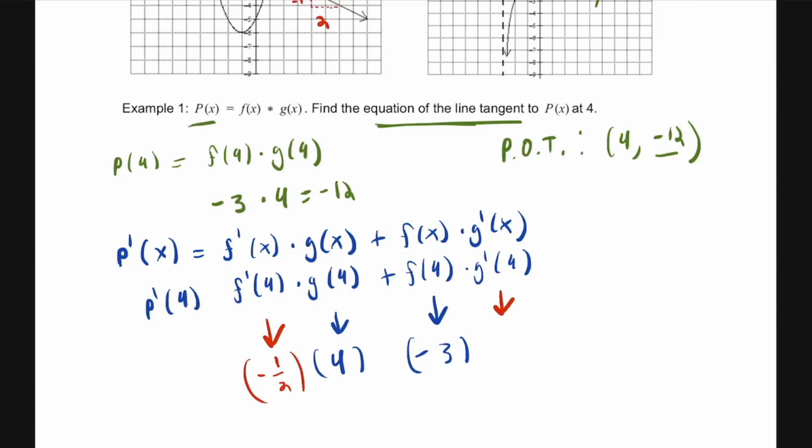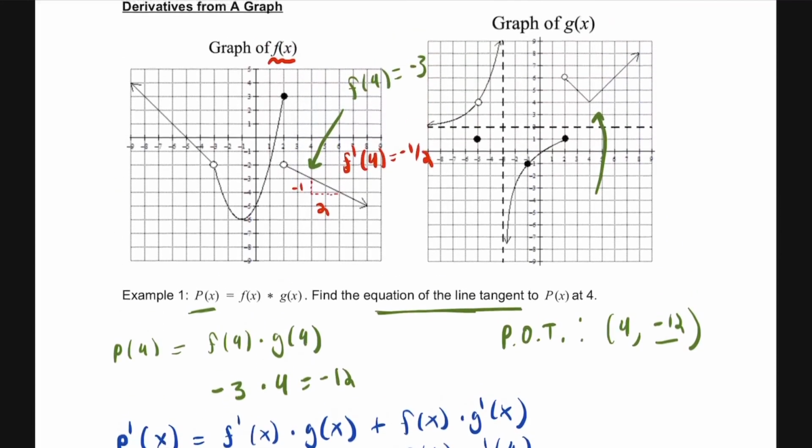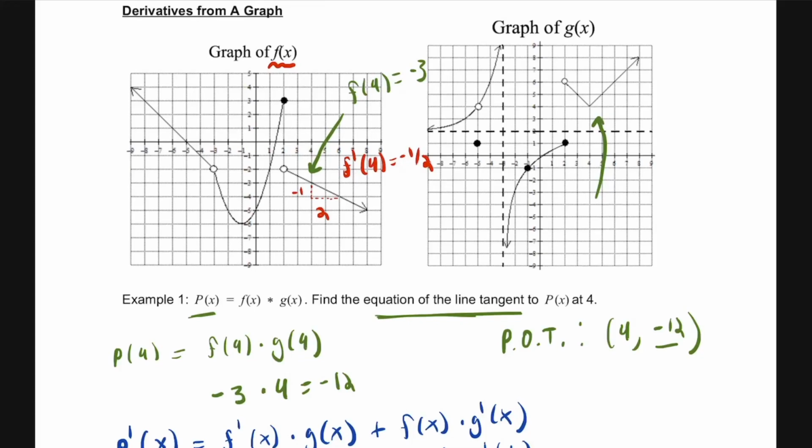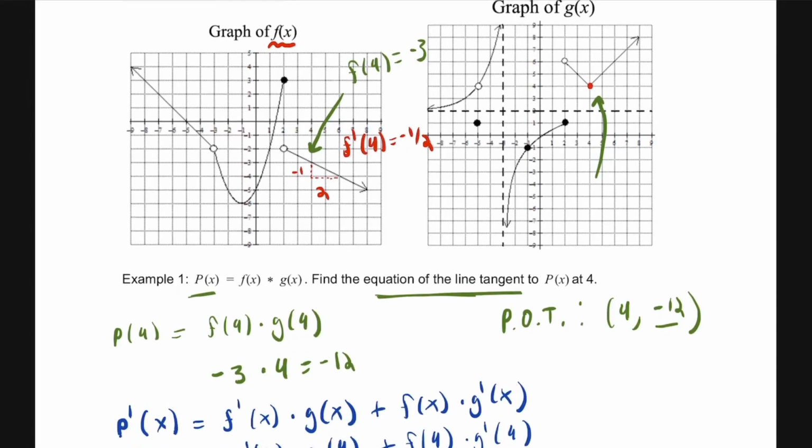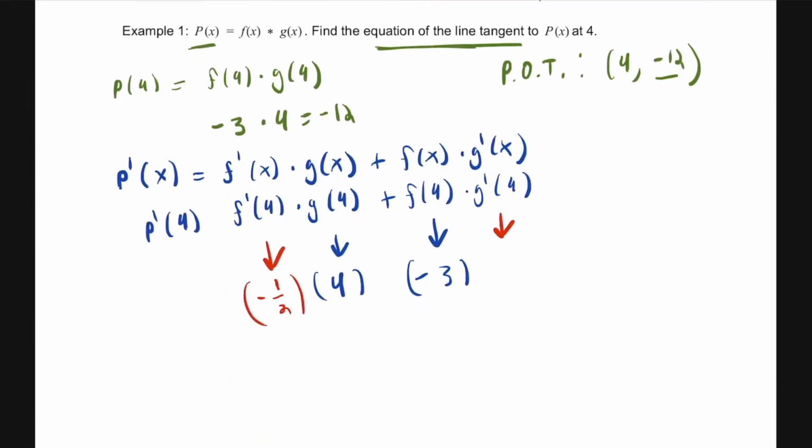Do the same exercise for g prime of 4. Okay. G prime of 4 is actually going to be, this is a bummer, undefined. G prime of 4 is undefined, so this is actually not going to work out. This is going to be times something that's undefined.